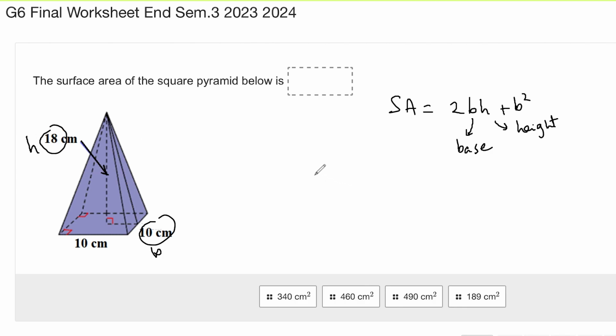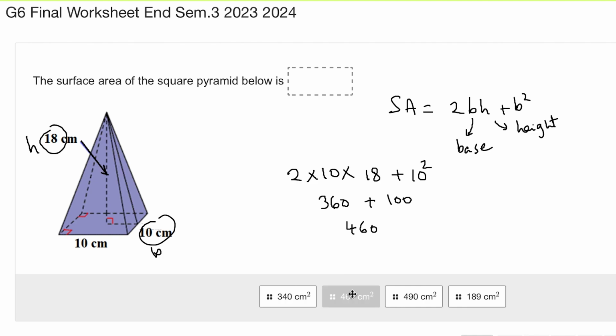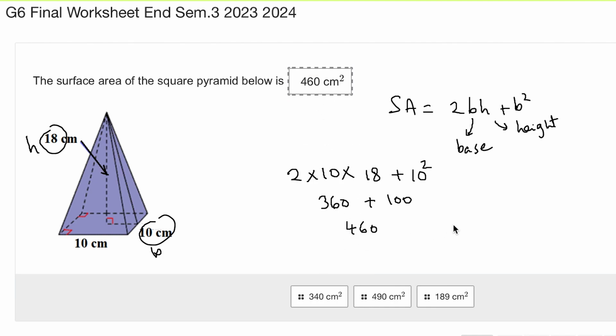Just substitute: 2 times 10 times 18, which is 360, plus 10 squared, which is 100. So the total is 460. The right answer is 460 square centimeters.